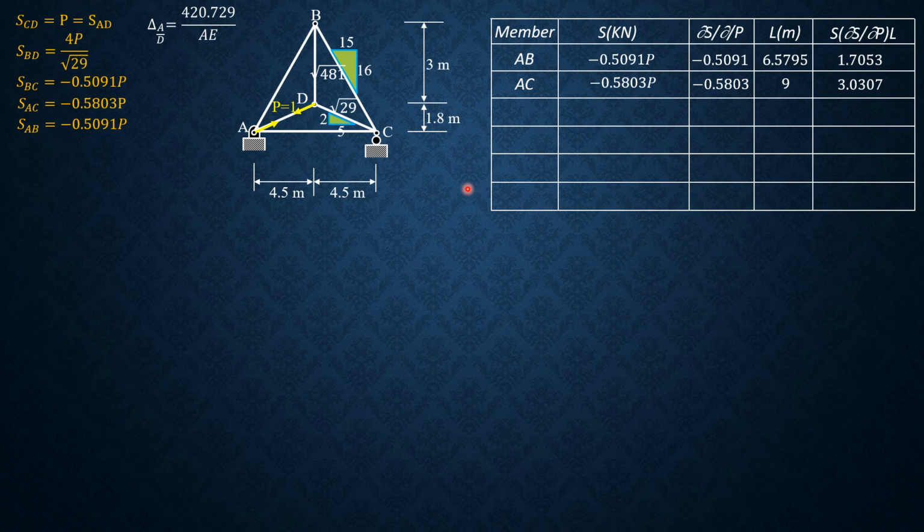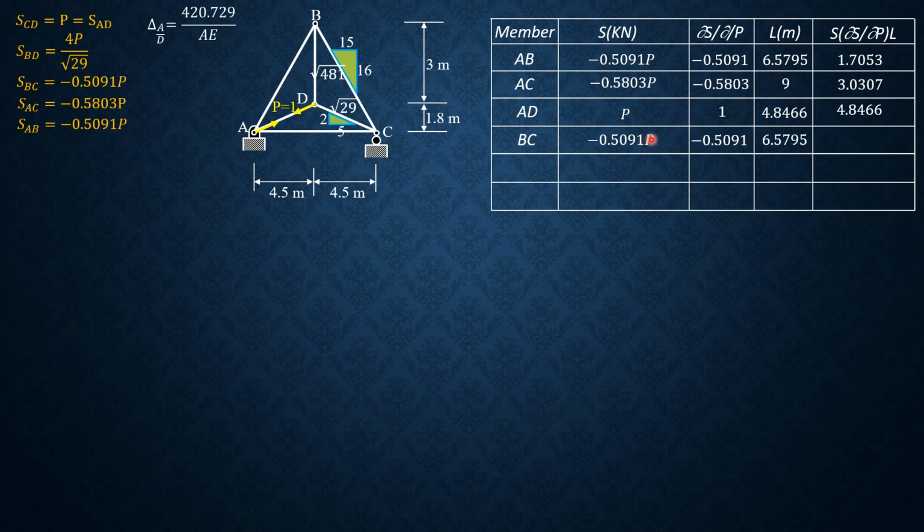Then AD, P, so the derivative is 1, length is square root of 4.5 square plus 1.8 square, that's 4.8466, so the product is 4.8466. Then BC, negative 0.5091P, derivative negative 0.5091. The length is 6.5795.